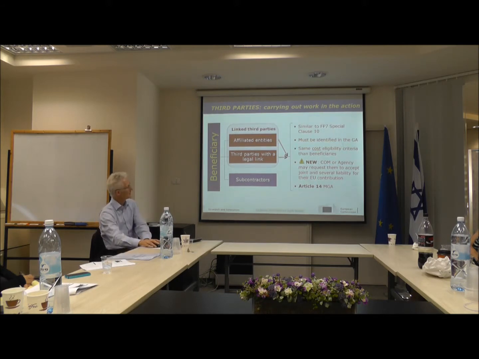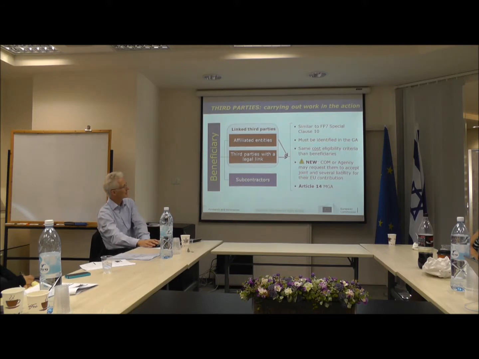That is very similar, for those knowing FP7, to the clause 10 third parties. They must be identified in the grant agreement and they underlie the same cost eligibility criteria as the beneficiaries. So costs incurred by these linked third parties are fully eligible as for anybody else.